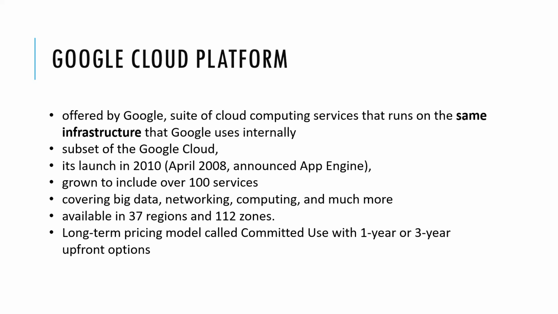It also has an advantage by having 1 year and 3 year long-term pricing models where you can commit upfront what the usage will be, and then you have discounts which are applicable. Especially for compute power, when it comes to workloads, you have 57% savings compared to other cloud service providers.